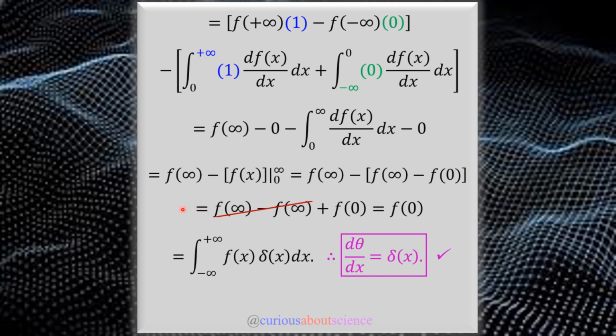And so we see that this integral expression leads us back to f of 0, which of course we know is our integral of the delta function at 0 of f of x. So this is awesome, and if we go back to the integral expression of equivalence, we see here that our d1 was equal to d theta dx, and our d2 was equal to the delta term by itself.